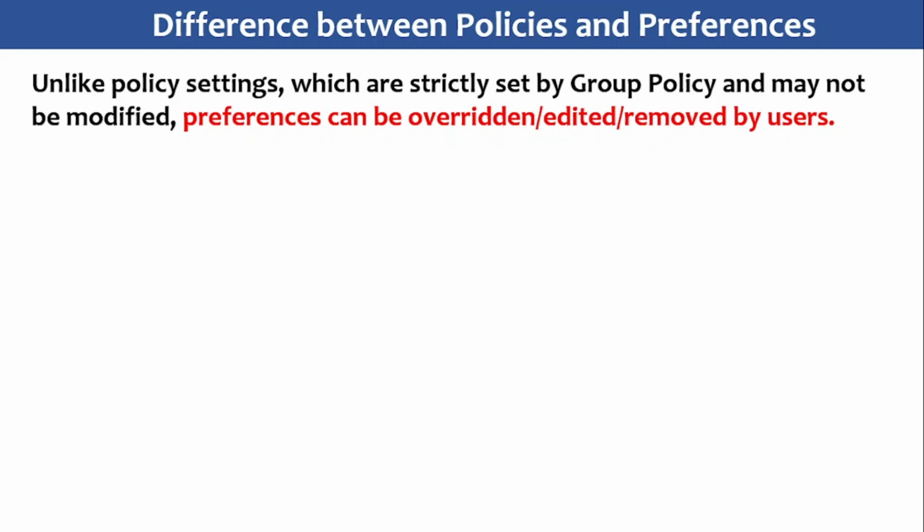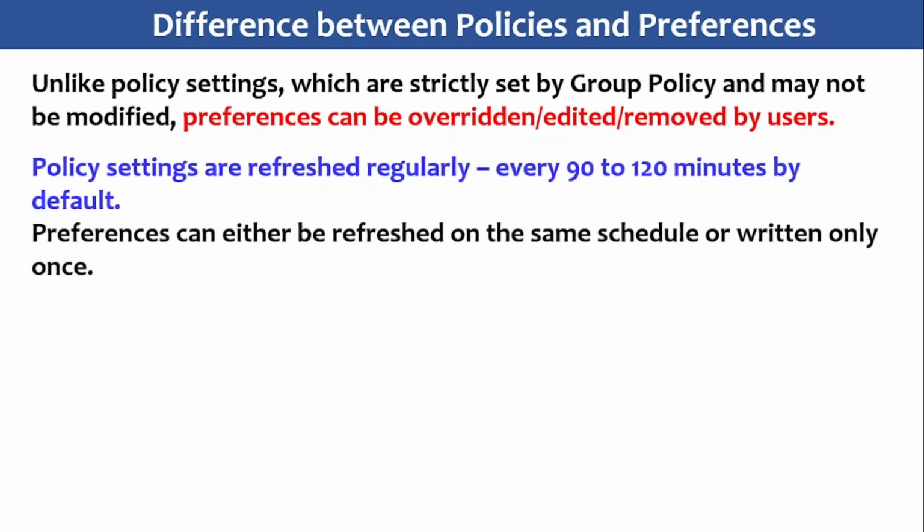For example, we took the example of Marty. We have blocked Marty from accessing the command prompt, so Marty won't be able to override it. But if you have done something through group policy preferences, the user will be able to override it. So that's again a difference.